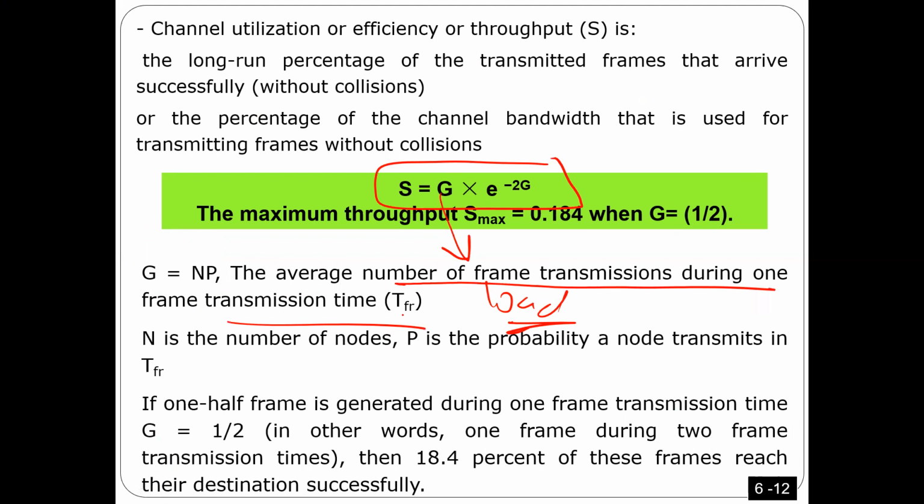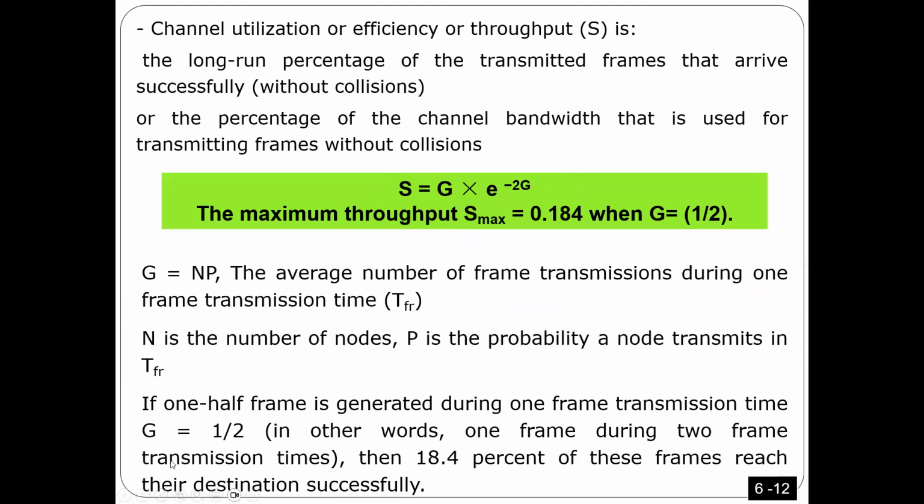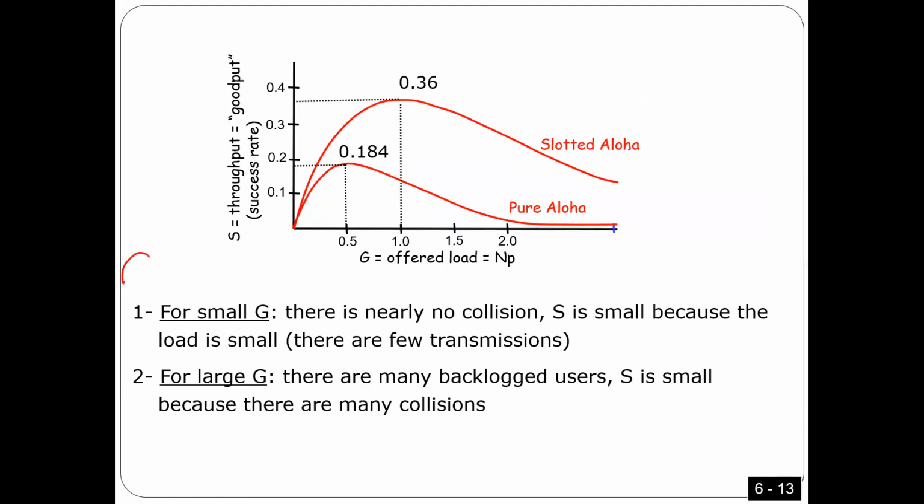Now I'm going to do something interesting. I'm going to draw a figure. In this figure, the x-axis is G, and I'm going to put S here and see how the figure looks. This is the figure for pure ALOHA.